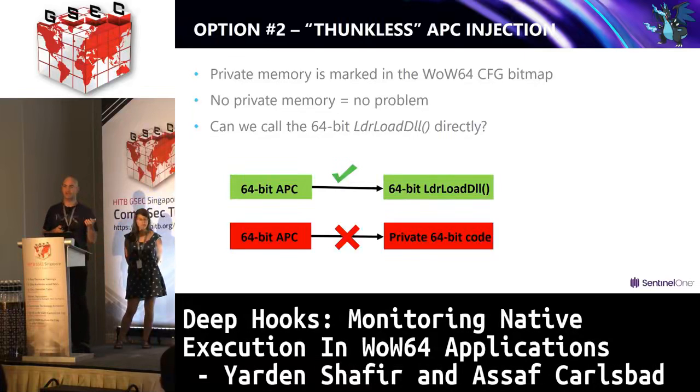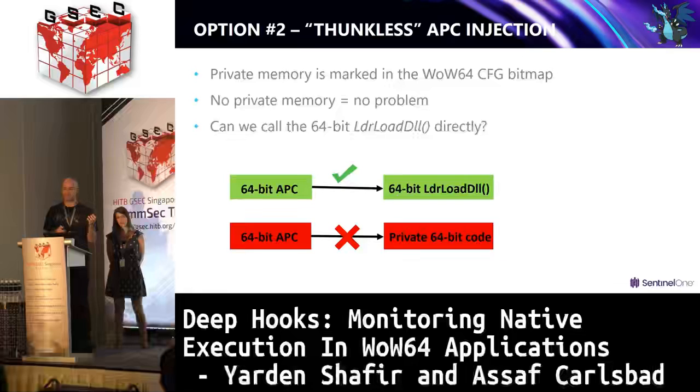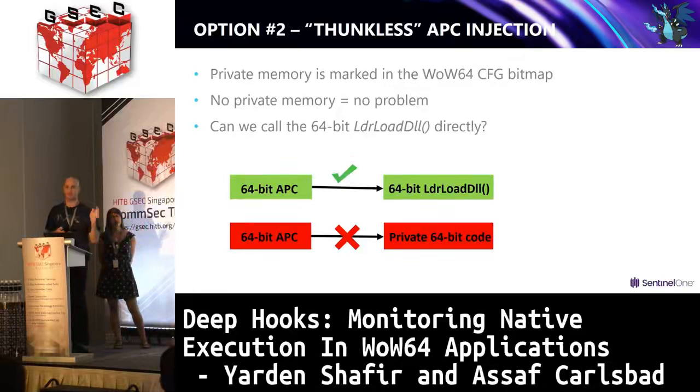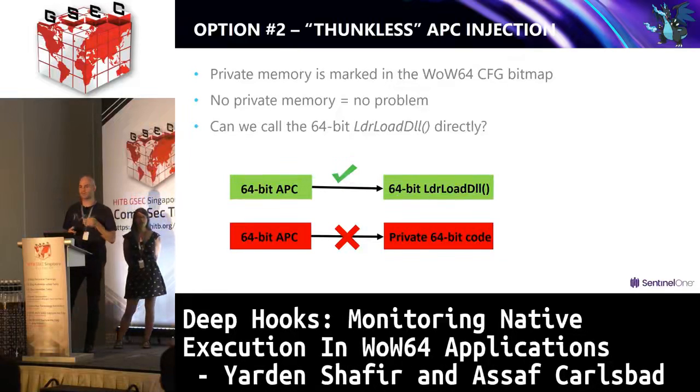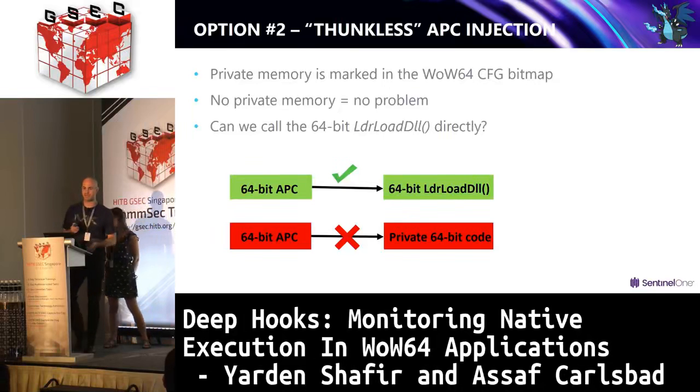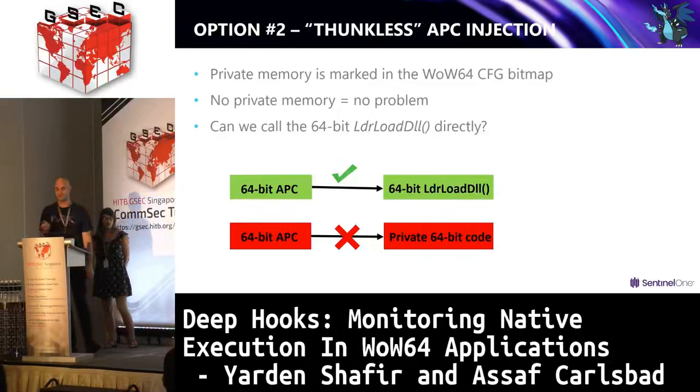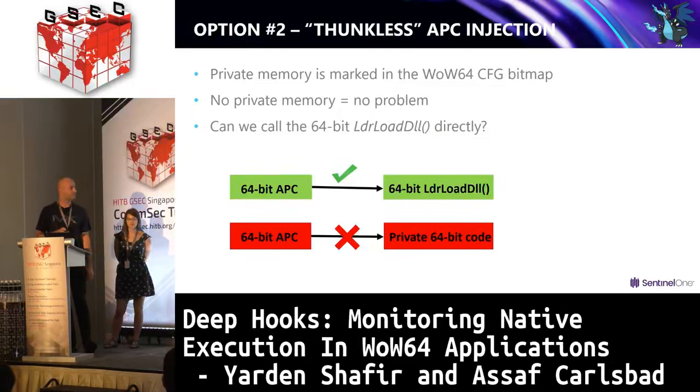But if you recall, the only reason we have an adapter func to begin with is to act as a middleman, which just forwards the calls to the 64-bit version of LdrLoadDll. And the 64-bit version of LdrLoadDll is obviously marked in the native CFG bitmap. So this made us wonder, why do we really need an adapter func in the first place? Or to put it in other words, why can't we just initialize our APC to point directly to the 64-bit version of LdrLoadDll?